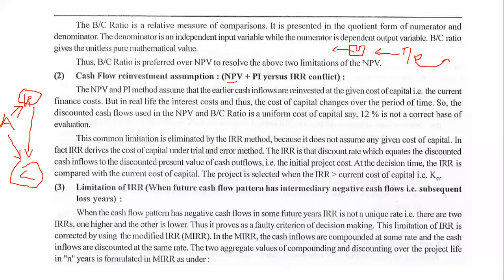The limitation of IRR is corrected by using the method MIRR, modified internal rate of return. In the modified internal rate of return, the cash outflows are compounded at some rate and the cash inflows are discounted at the same rate. The two aggregate values of compounding and discounting continue over the project life of n years and are formulated in MIRR.